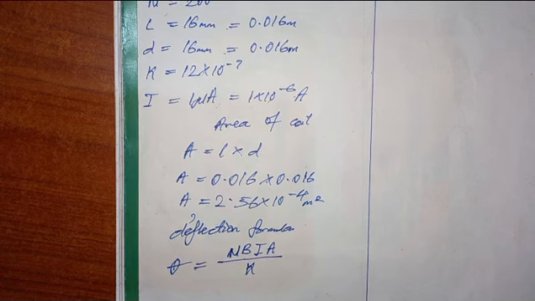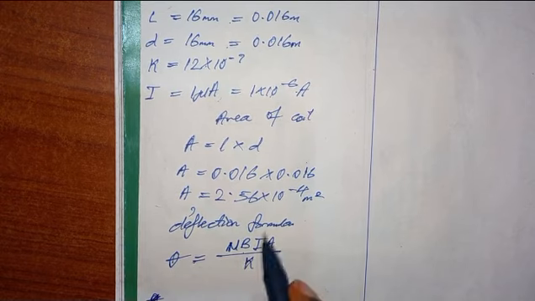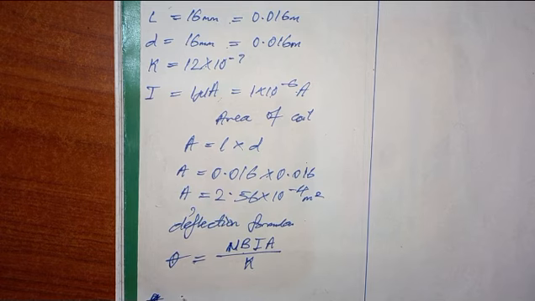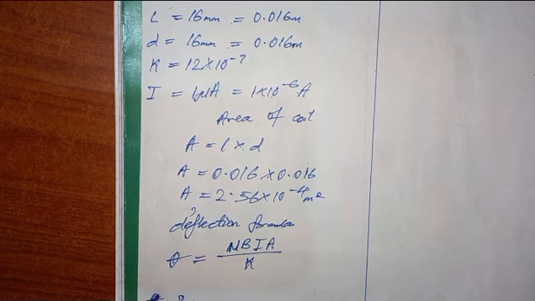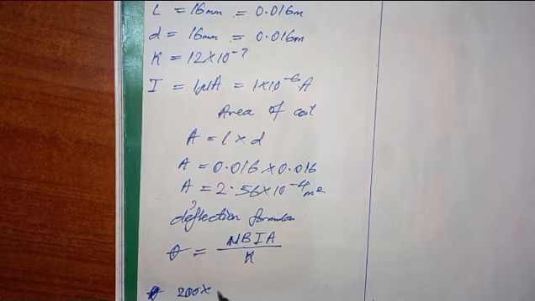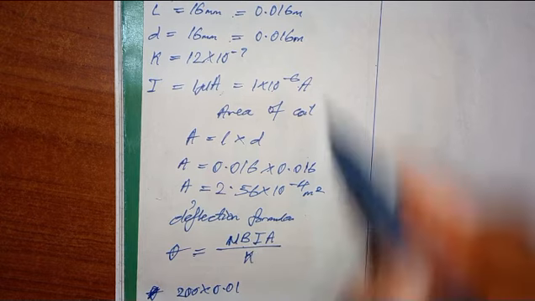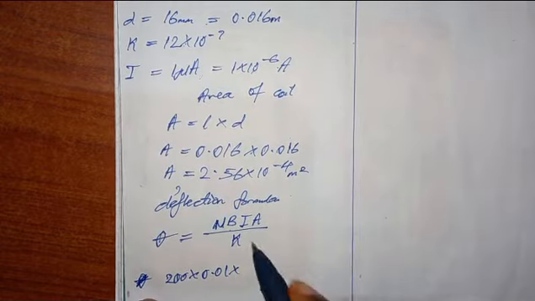So theta will be n, which is 200. Let me solve it one after the other. Let me solve the numerator first: 200 times 0.01, number of turns times B, which is given to be 0.01.